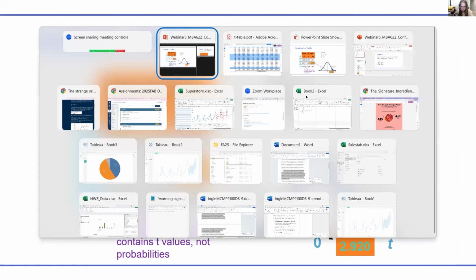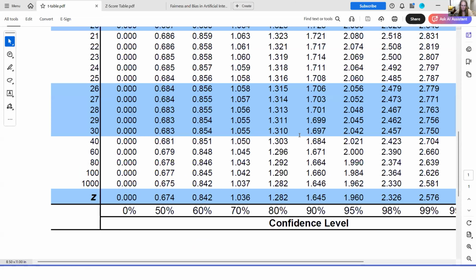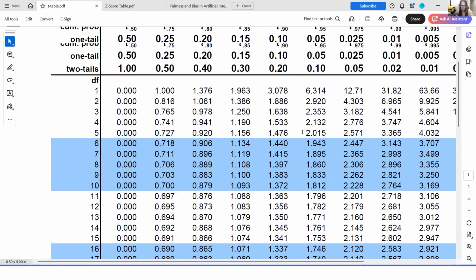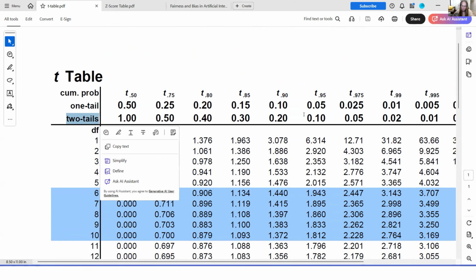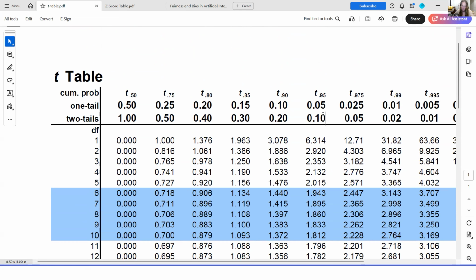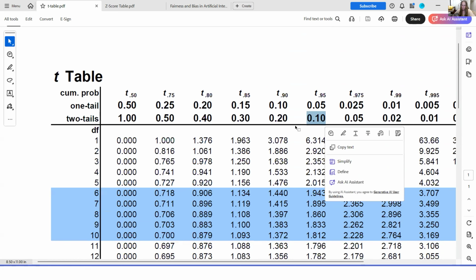We've got two tails, meaning it could be less or it could be greater. So 0.9, does that make sense? Because it's a 90% confidence interval. Sorry, 0.1, I should have said, that's the value you want, two-tailed, 0.1.